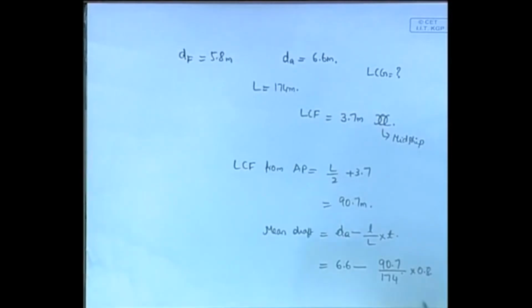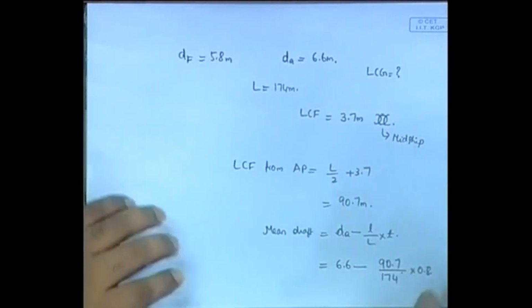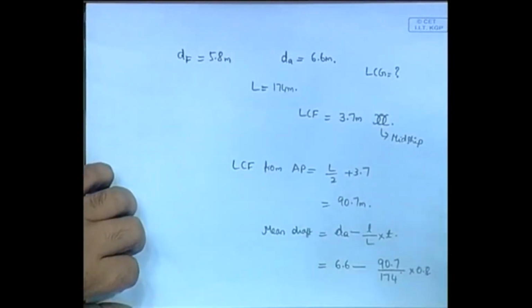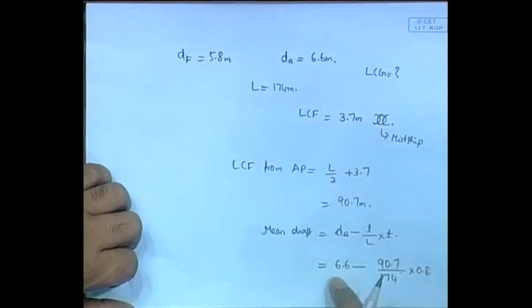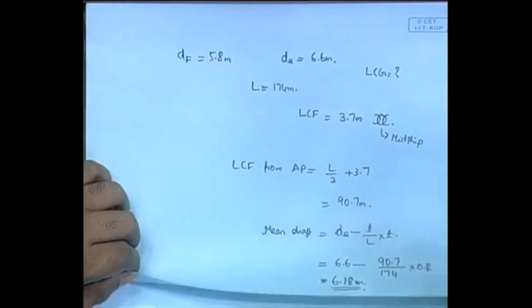Note that this small l is always the distance of LCF from the aft perpendicular. A few such things just have to be memorized. So 6.6 minus this thing will give you the mean draft.